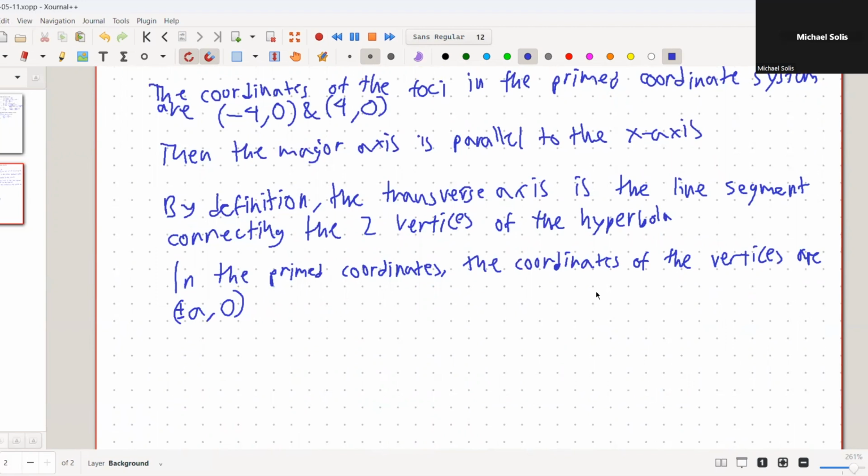Now, since we know the coordinates of the vertices, how do we get a if we know that the length of the transverse axis is 8/3?